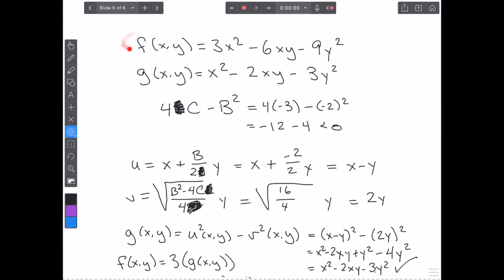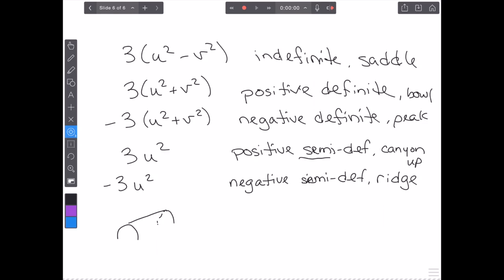If f is positive semi-definite, then g will be positive semi-definite. On the other hand, if the coefficient that you factored out is negative, you'll change a positive definite function to a negative definite function and vice versa. And you'll change a positive semi-definite function to a negative semi-definite function. Indefinite won't change when you factor out a constant, whether it's positive or negative.